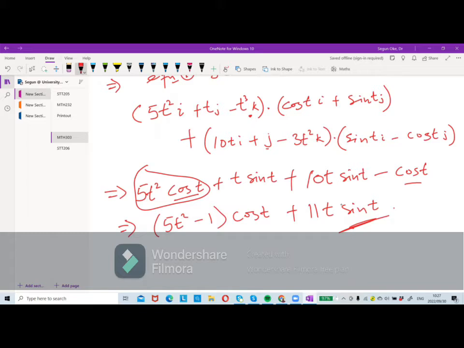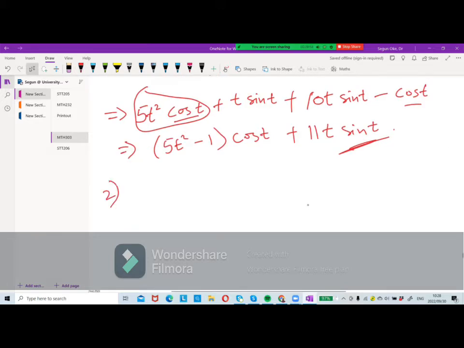But we don't write 1 cos t, because if I open the bracket now, I will get negative cos t back, right? Yes, sir. Then I will also get my 5t squared back. So that is how I factorize: just take what is common to them and factor it out. Is that okay by you?